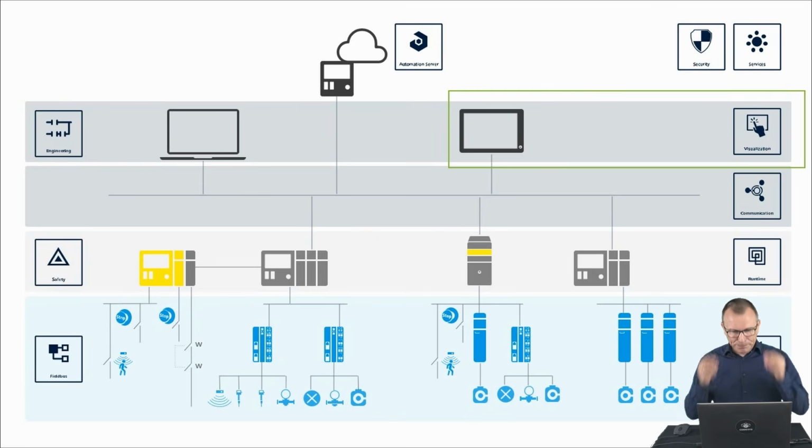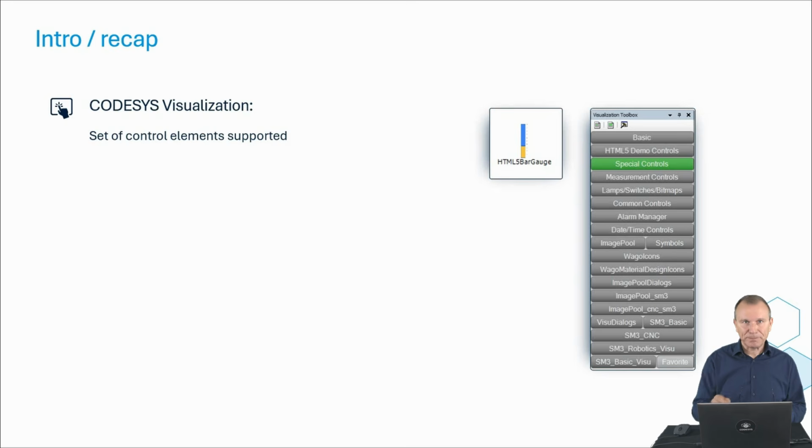A short recap. We are now in the product landscape talking about the right upper part, about the visualization. And the visualization in CODESYS is, of course, a powerful thing in order to visualize logic elements of the PLC application. Now we can visualize variables, movements, things like that.